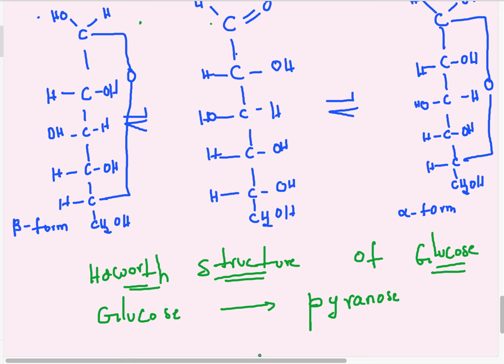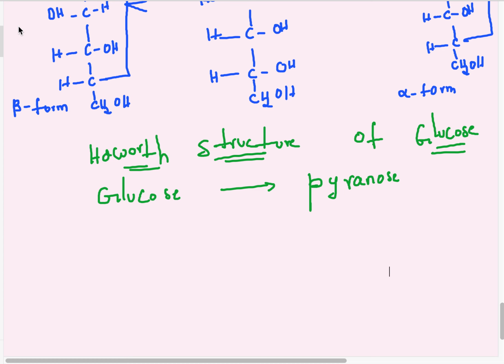Pyranose is nothing but very easy. Okay, I am going down. See here what I am showing: whatever is on the right hand side, you can write down. Here also, which is right hand side, all you can write down. That's it. First, let me draw the pyranose structure. What is the pyranose?